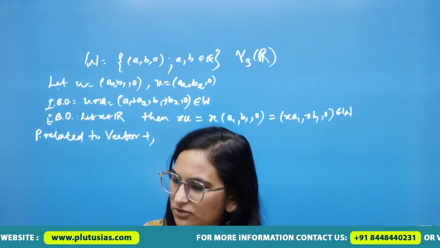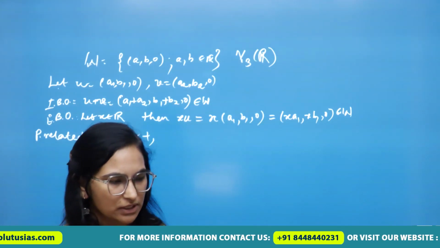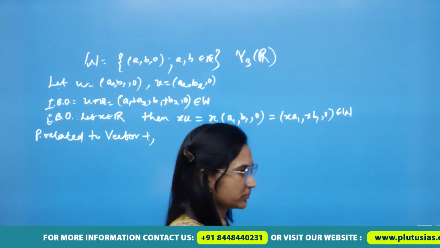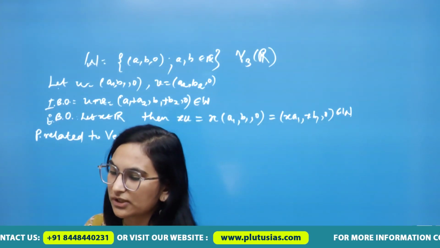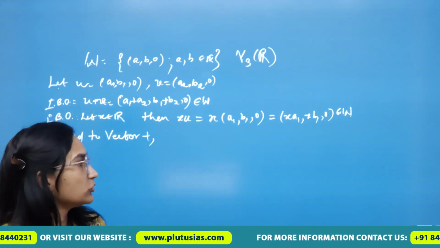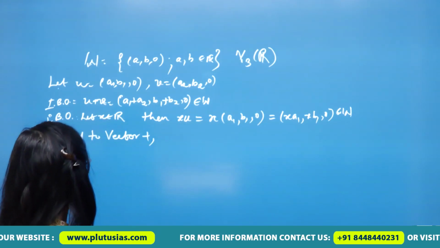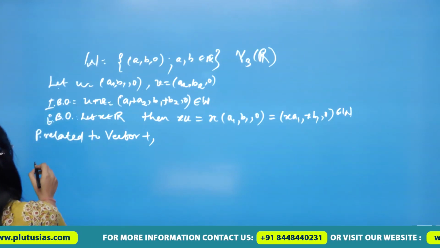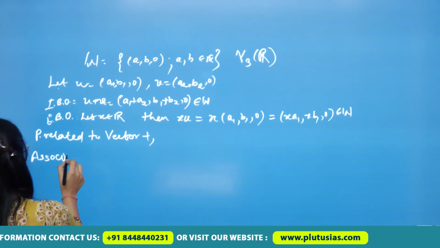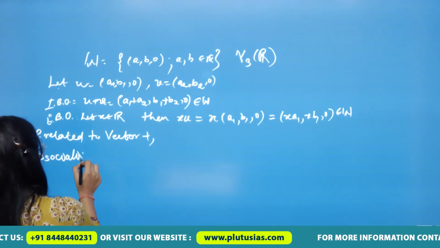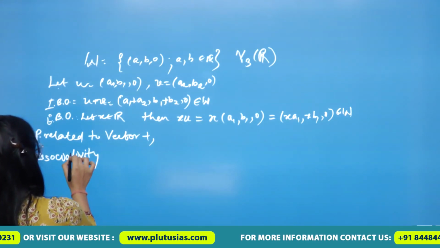If three elements are taken, then if we interchange the brackets, the resultants should be equal. So this is how we write associativity.